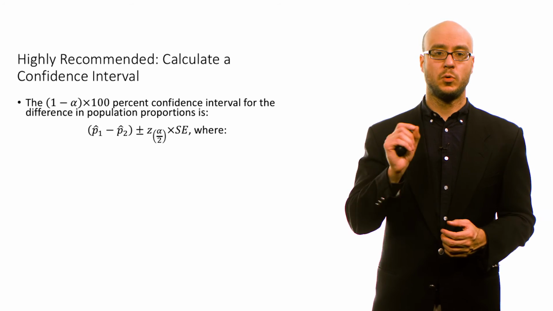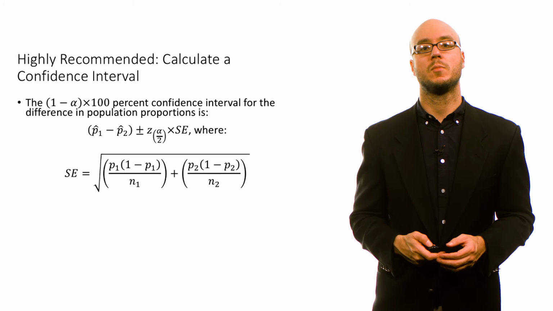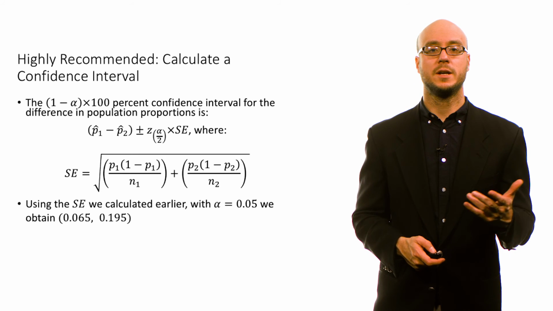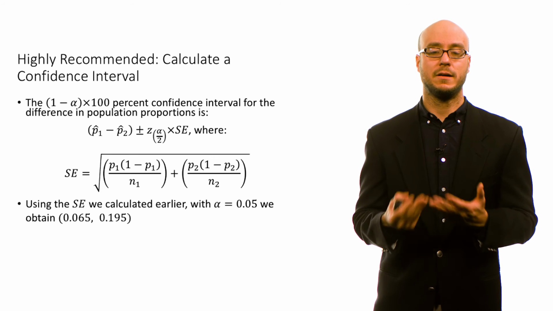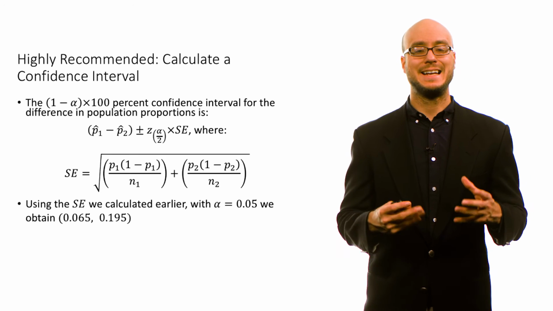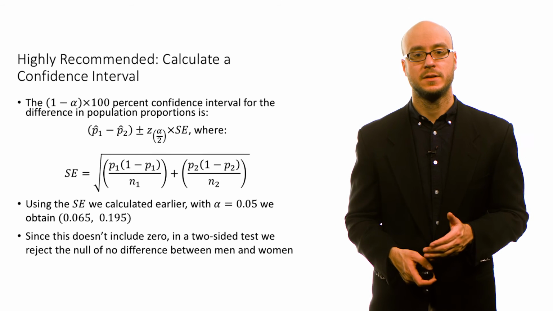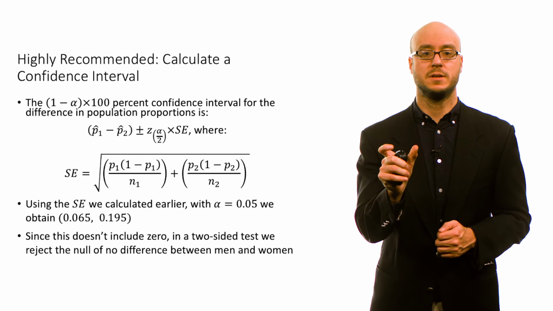We also want to calculate a confidence interval. The confidence interval is our point estimate for that difference in population proportions plus or minus the margin of error. Using p hat 1 and p hat 2 as point estimates for p1 and p2 when we calculate the standard error, we obtain a 95% confidence interval of 0.065 to 0.195. That 95% confidence interval is centered away from 0.